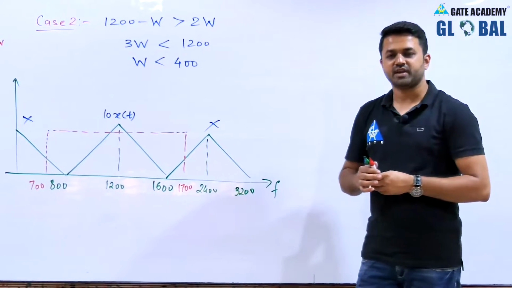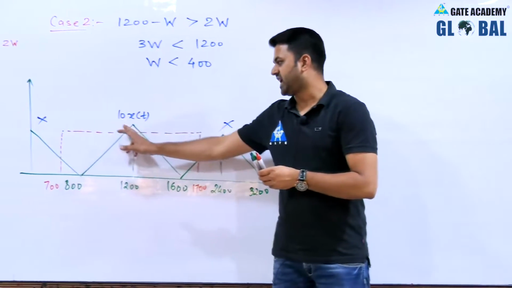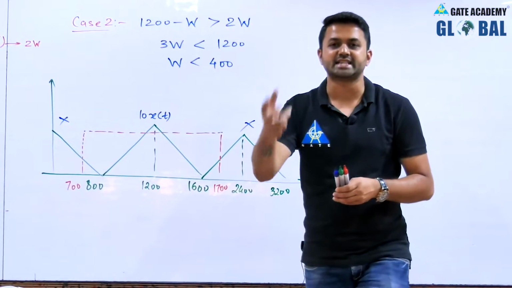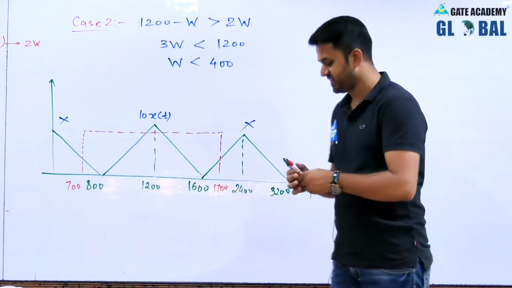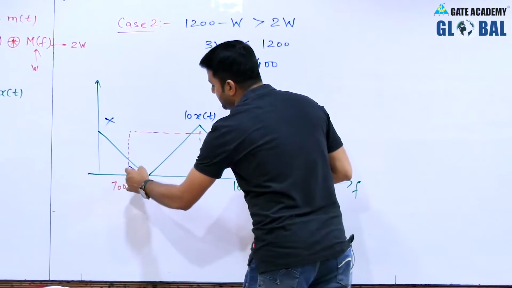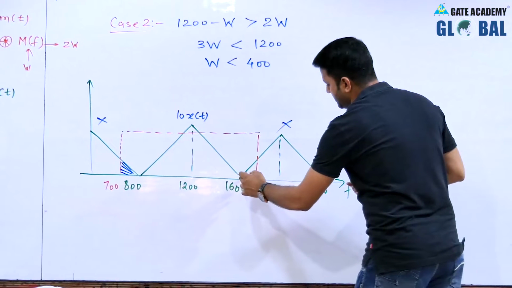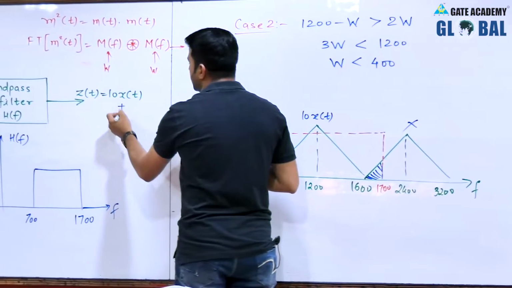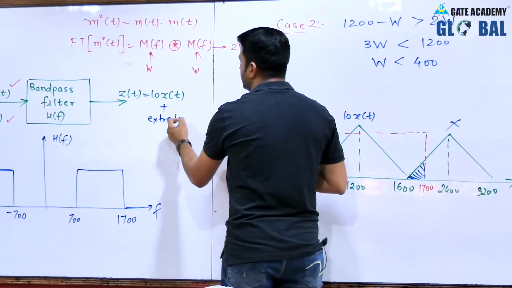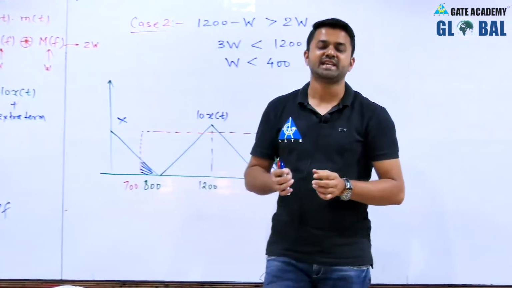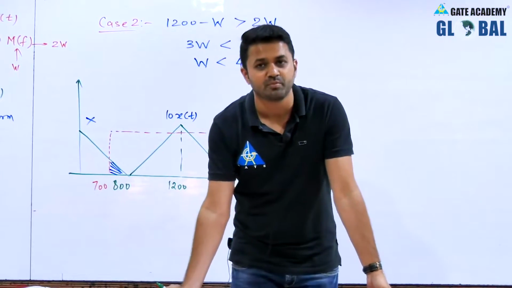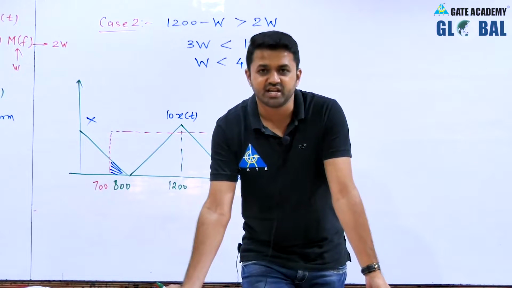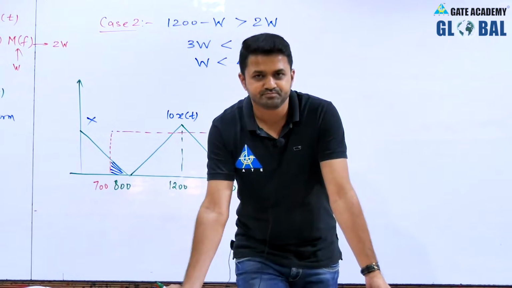What we observe in this figure is that our 10xt is passing through the band pass filter without distortion, but some extra component is also passed through, from this portion of other frequency components. So we will get 10xt plus some extra term, but our requirement was only 10xt. This extra term should also be avoided, and it should also be non-overlapped.